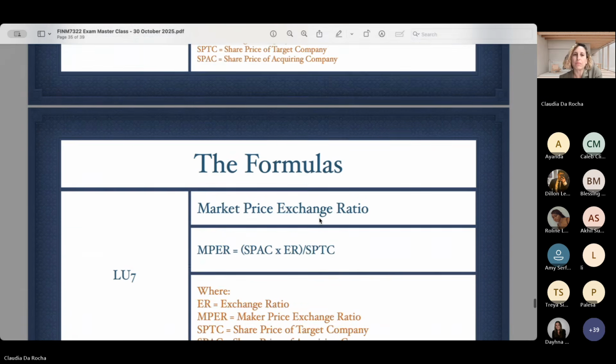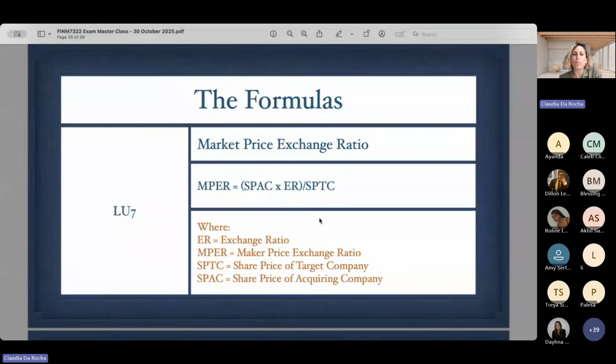Then we have what we call the market price exchange ratio. Your market price exchange ratio is your share price of your acquiring company times the exchange ratio, and then you've got your share price of your target company.